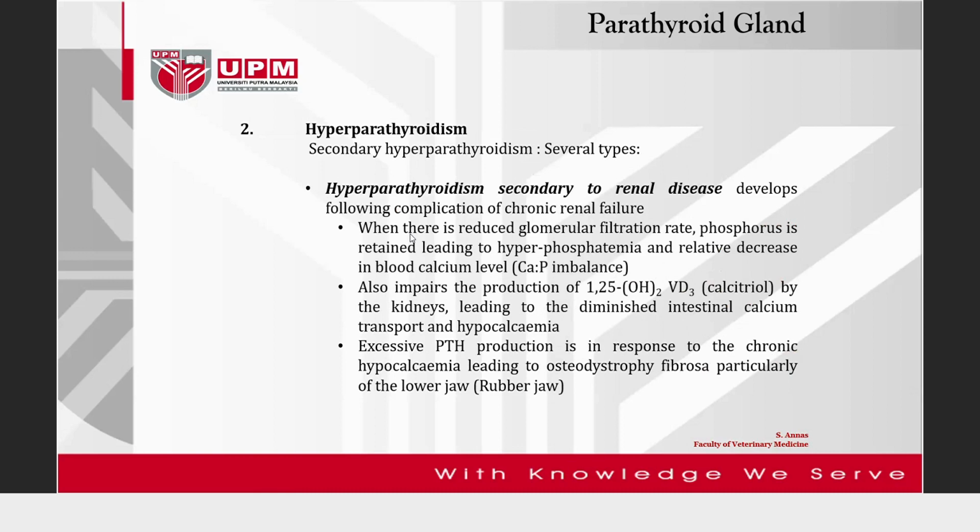Next is hyperparathyroidism secondary to renal disease. It develops following chronic renal failure, sometimes called CKD, chronic kidney disease. The renal disease leads to reduction of the glomerular filtration rate, which retains phosphorus, leading to a calcium and phosphorus imbalance.